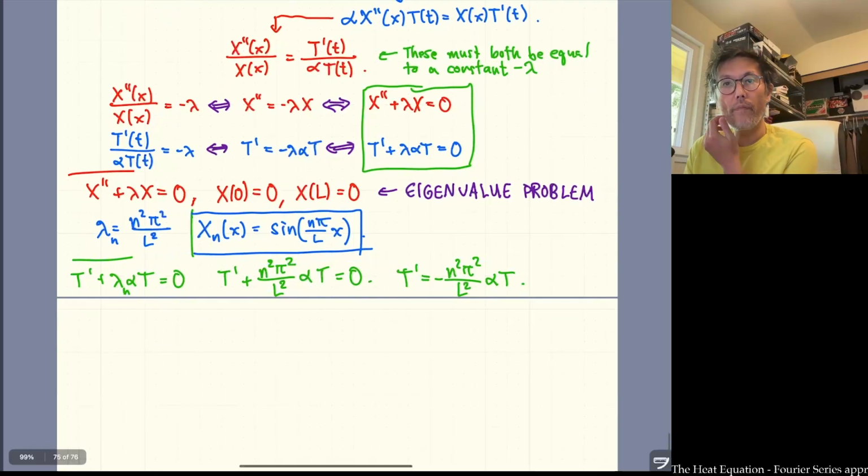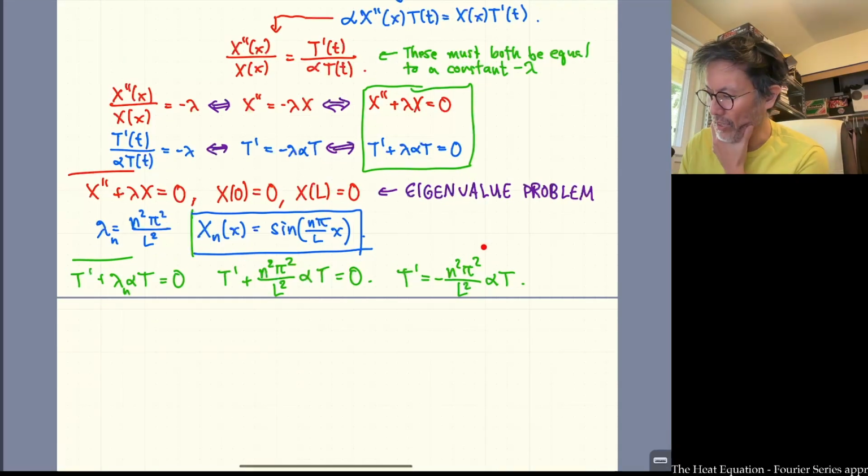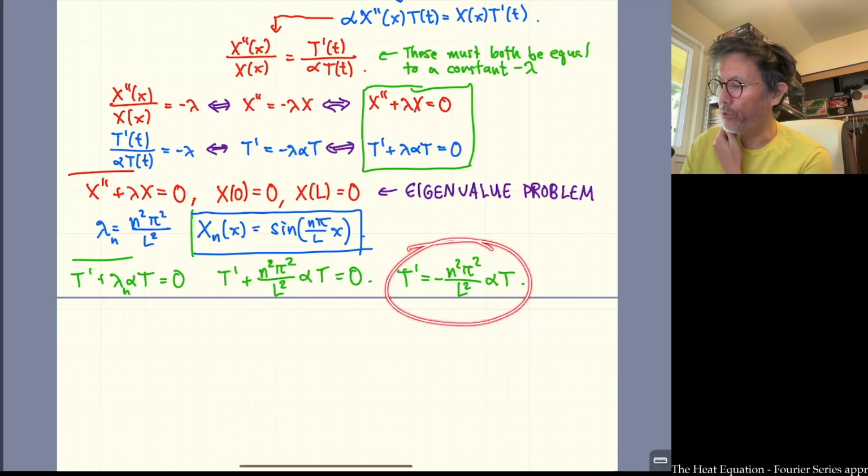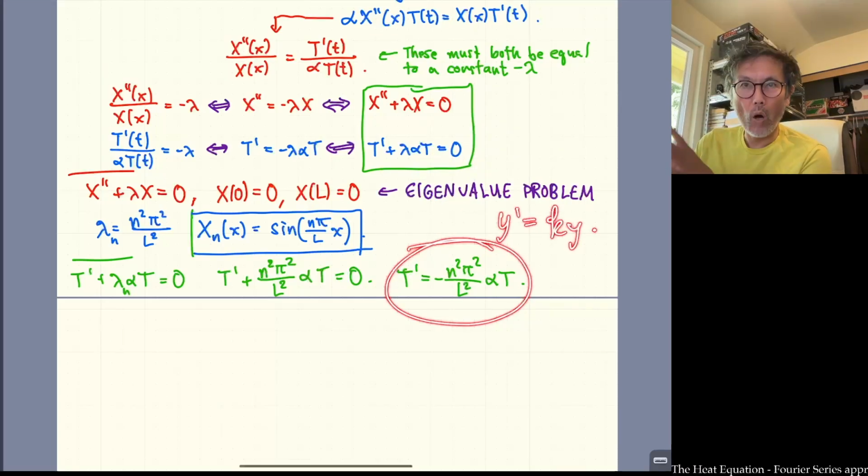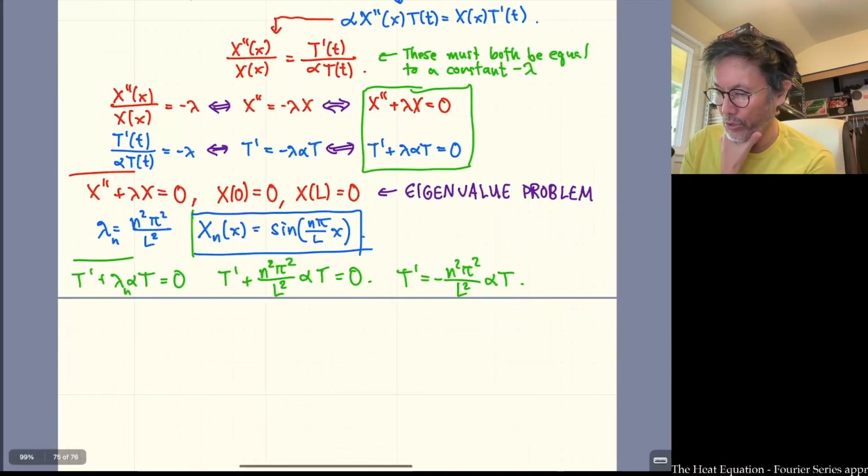Now, how do we solve this equation here? When I say this equation, I mean this equation. How do we solve that? Well, we use the y prime equals ky idea, where y is being played by big T and k is being played by negative n squared pi squared over L squared times alpha. So our solution is going to be written as T sub n of t.